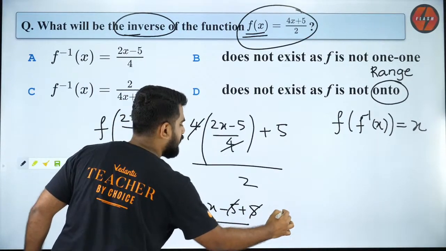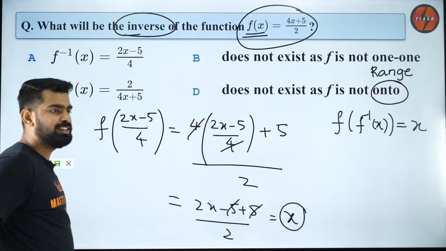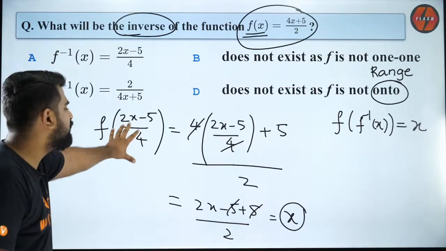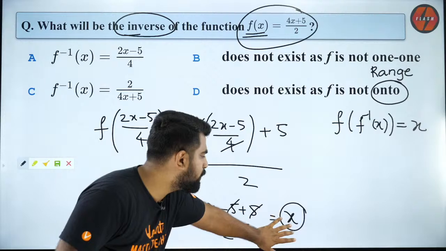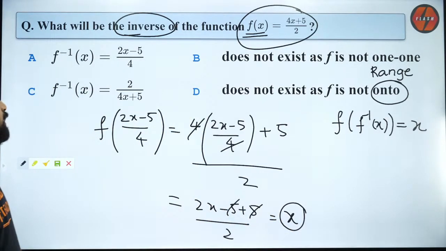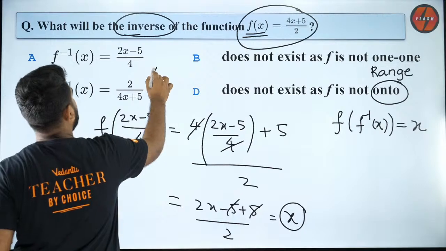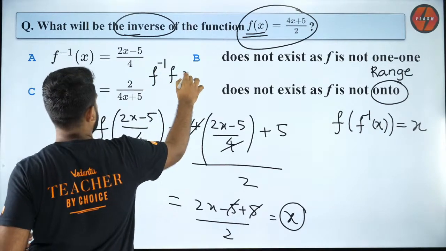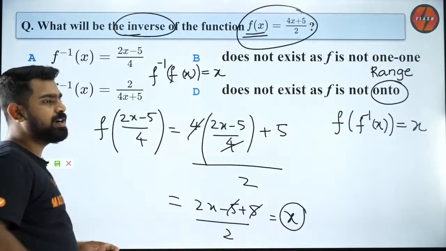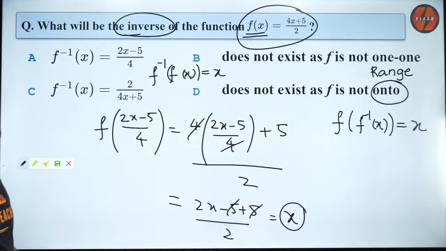These two cancel. Am I getting x? Did you see that? So whenever you have f of f inverse of x, it will always be equal to x. That is the beauty of inverse. And similarly, if you do f inverse of f also, you will get x. Okay, that is how you study inverse in your 12th standard. I hope you guys are all clear with it.